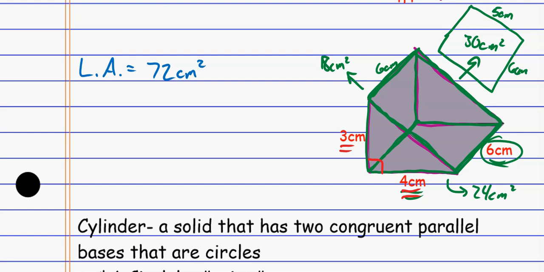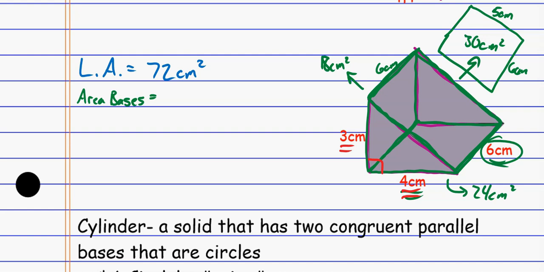And now from here, if I want to find the surface area, all I need to do is find the area of the bases. And again, we're always going to end up doing that. If I look at the one base, once again, it's a triangle over here, and we'll assume it's a right triangle, which is a safe assumption on this one.